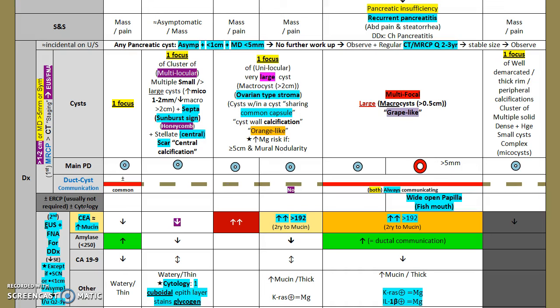One other hint that you might come across is that when you do an ERCP and you find the ampulla with this characteristic fish mouth, a wide open papilla, this is definitely a main duct or mixed type IPMN.